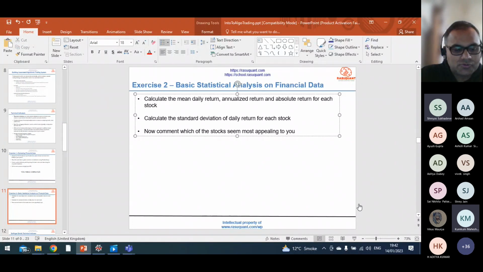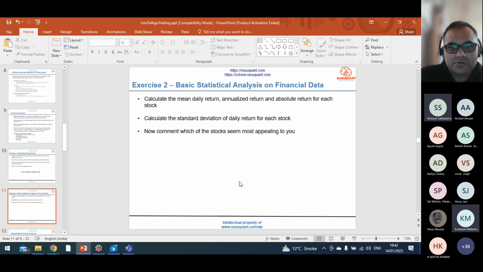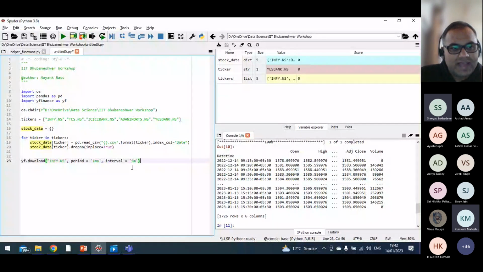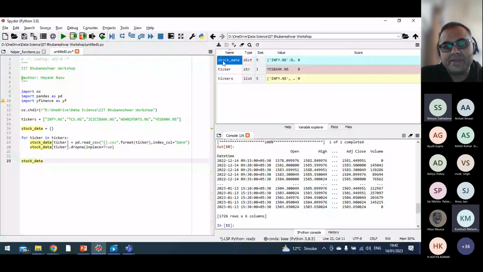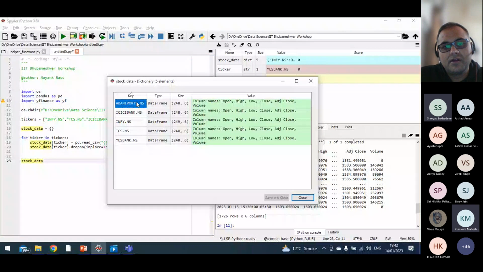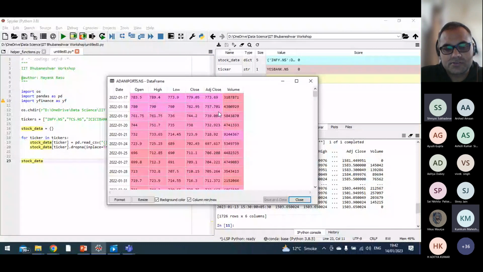We're running out of time, so let me show you how to do it rather than you doing it, because we don't have much time anymore. So we have the stock data here, right? Now I want to see what the mean daily return is for each of these stocks.